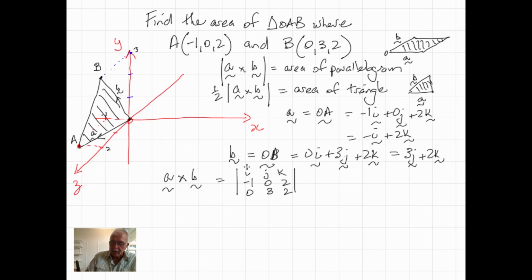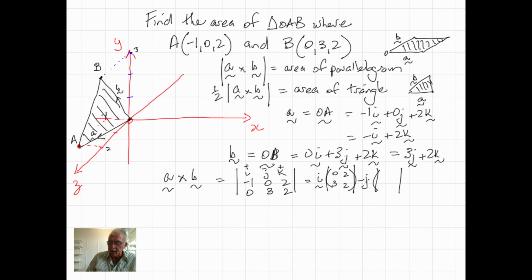Now, we put a plus, minus, and a plus above the first line. So that'll be i times the determinant of 0, 2, 3, 2, minus j times the determinant of -1, 2, 0, 2, plus k times the determinant of -1, 0, 0, 3. These should be straight lines; we want the determinant of these matrices.